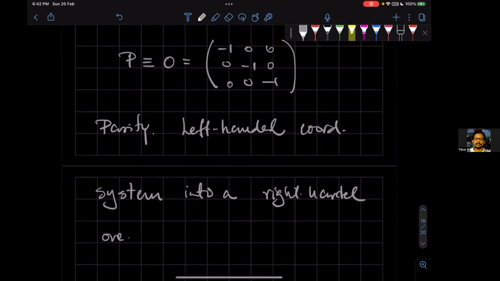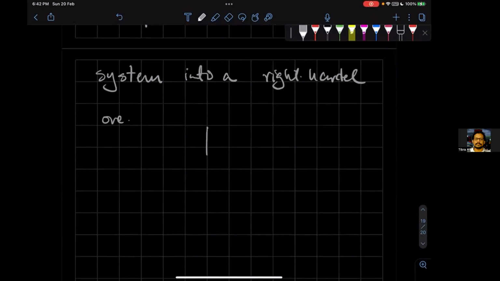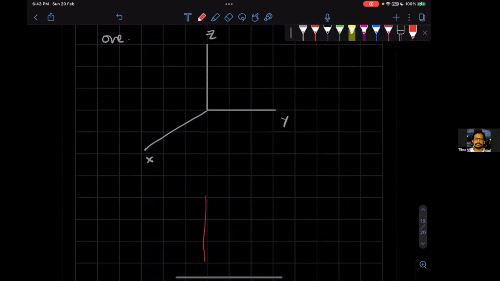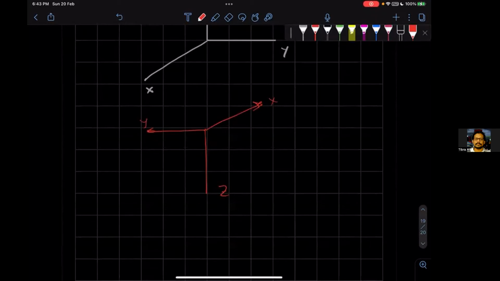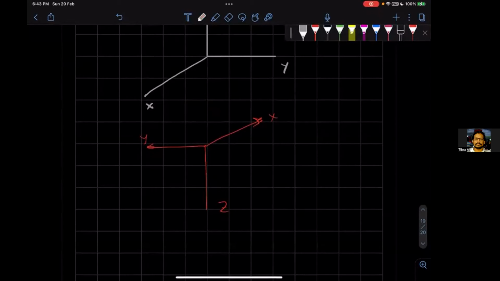So if you apply this matrix on all the unit vectors of your, say, XYZ system, then you will have something else which is more like, Z goes here and X goes that way and Y goes that way, right? Which then you can again rotate.